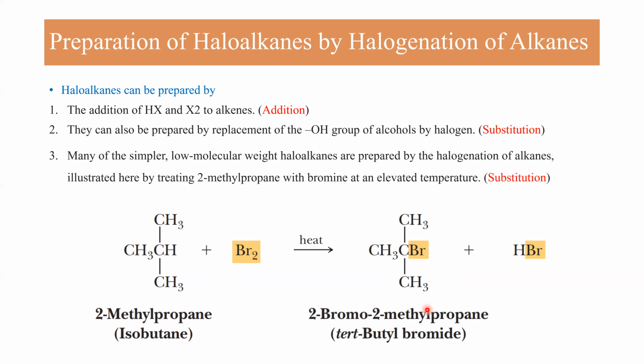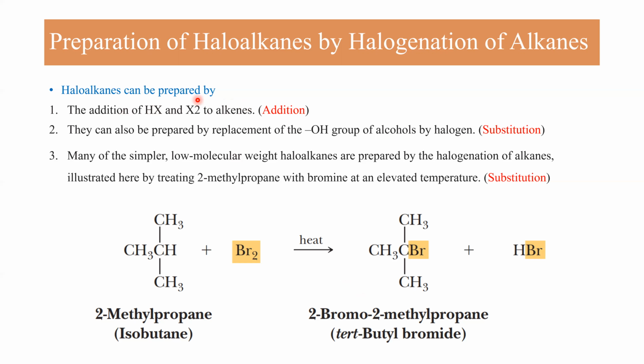HX means any of the halogen acids, or any halogen like Cl2, Br2, or I2, and that can simply add to the alkene and convert it into the alkyl halide, because wherever there is a pi bond, there will be the addition of hydrogen and the halogen.